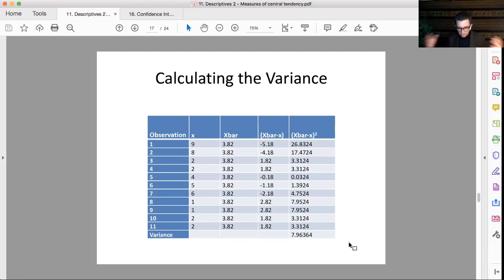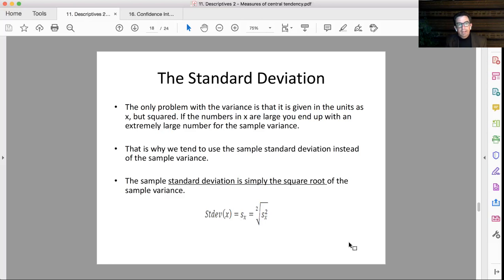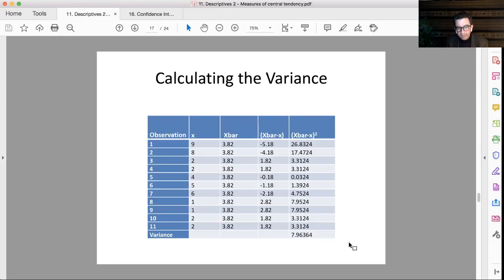And it gives us a measure of how far the observations are falling from the mean. But the variance is squared. And one reason why we square it is that negative numbers squared are positive.